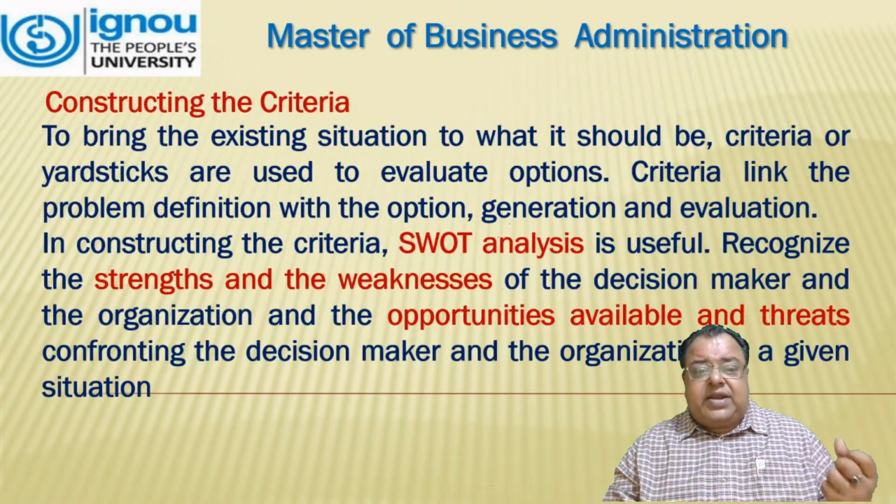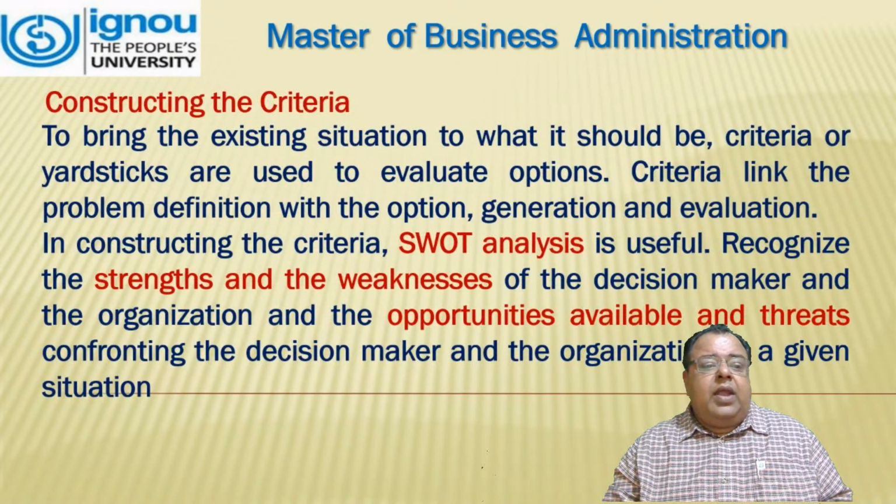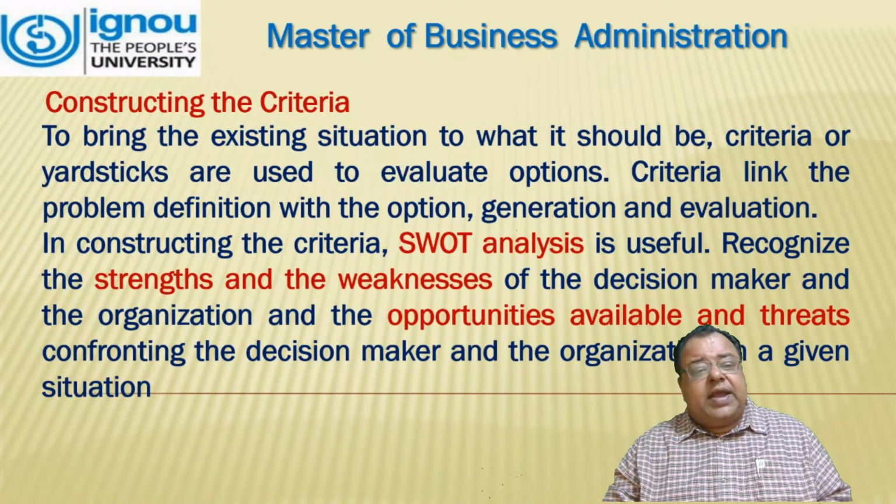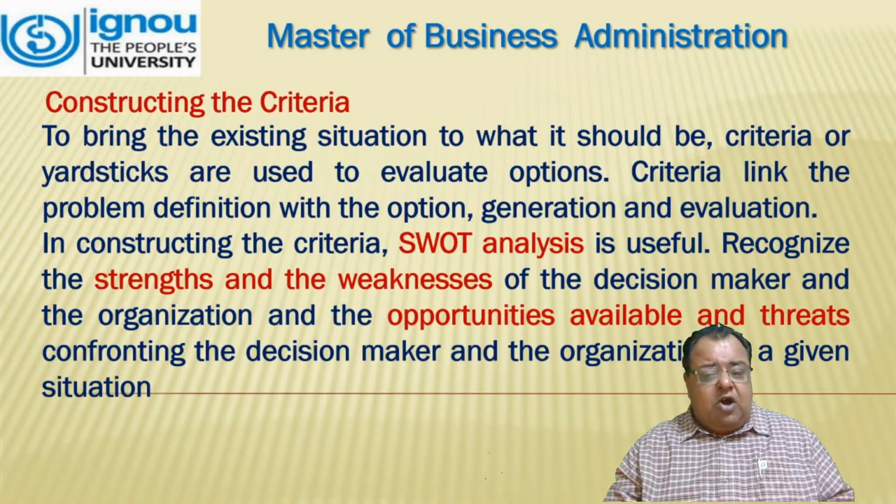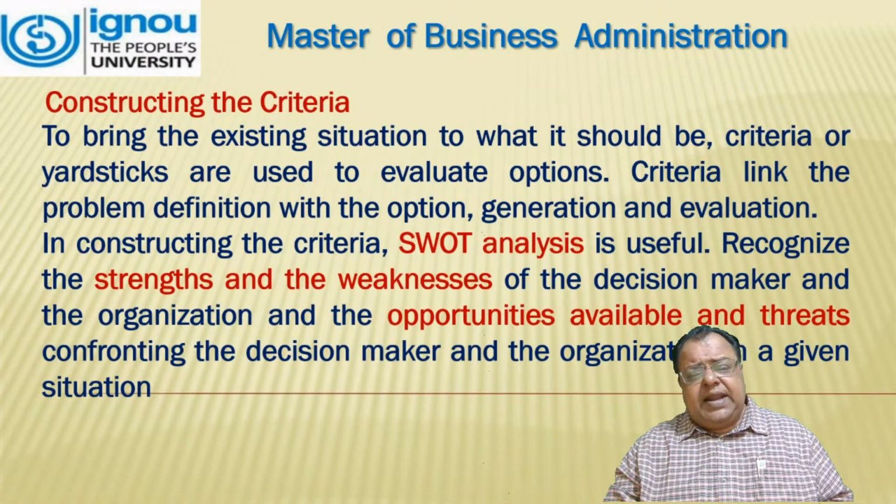Now, constructing the criteria to bring the existing situation to what it should be. Criteria or yardsticks are used to evaluate options. Criteria link the problem identification with the option generation and evaluation.